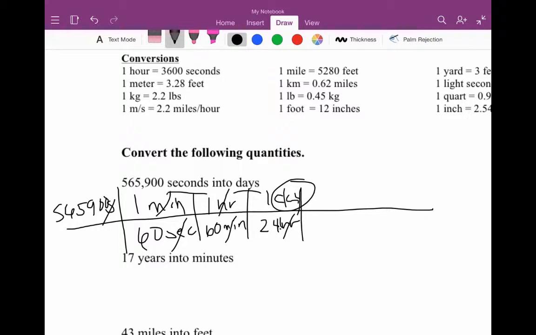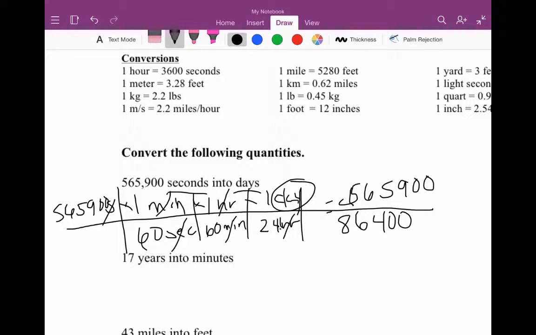To find the answer, we multiply everything on the top. So 565,900 times 1 times 1 times 1, which equals 565,900 divided by 60 times 60 times 24. I'm going to put that in my calculator. 60 times 60 times 24, which equals 86,400.